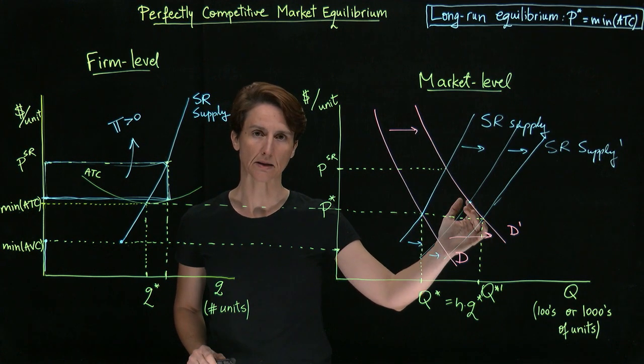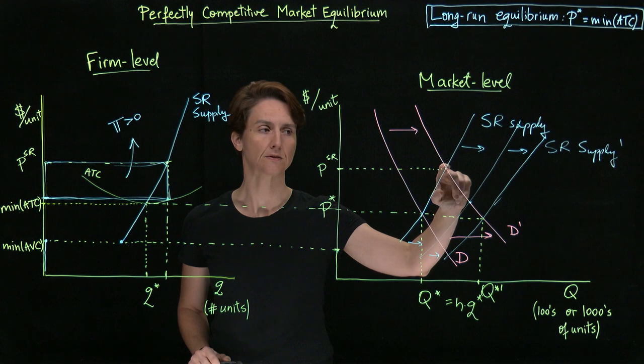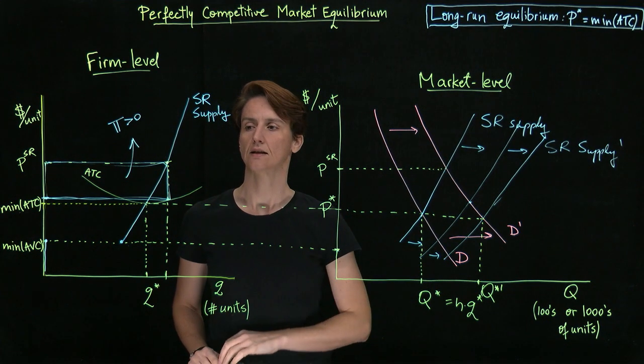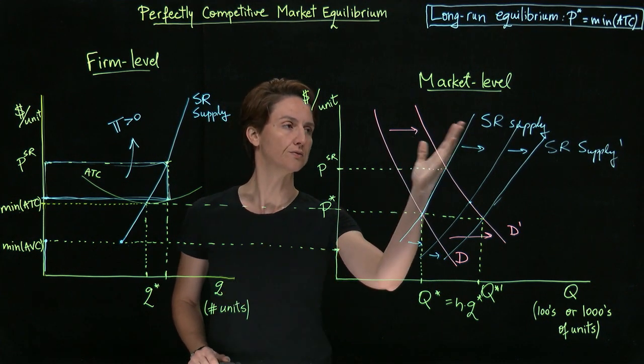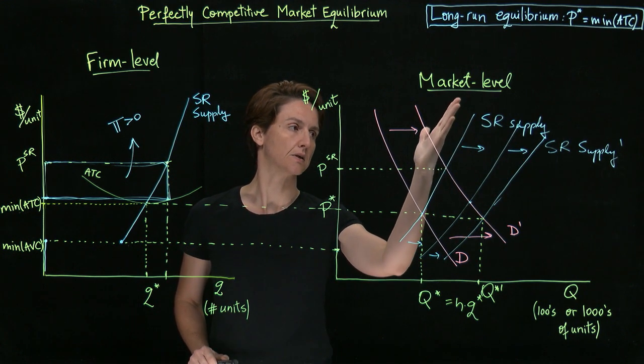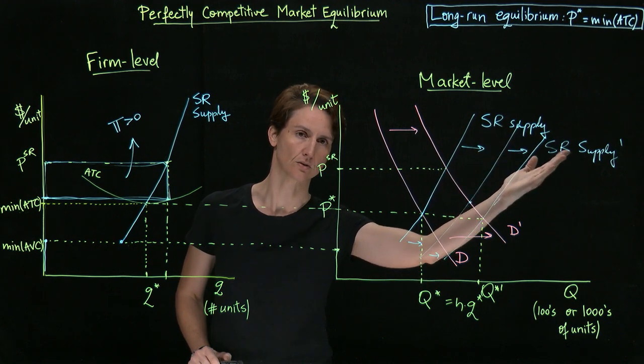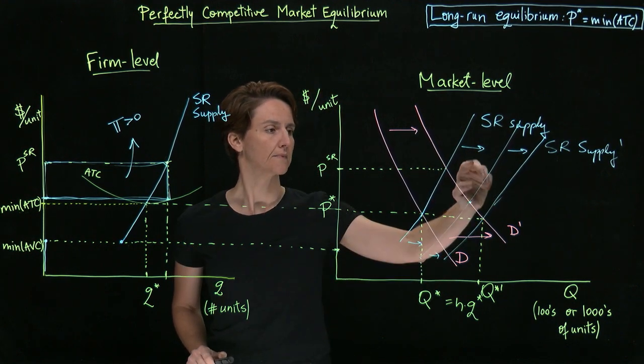If there's an increase in demand, for example, that means that in the short run, existing firms will earn positive profits. In the long run, new firms would enter to take advantage of those. That means that market supply will shift right as we add more individual firm supplies.